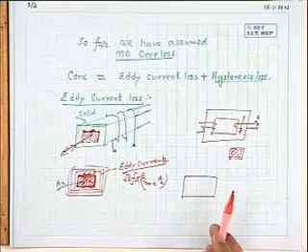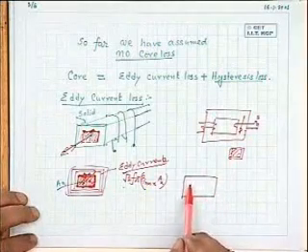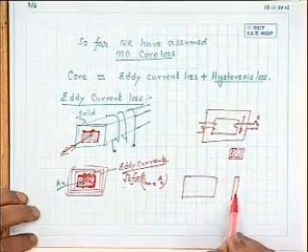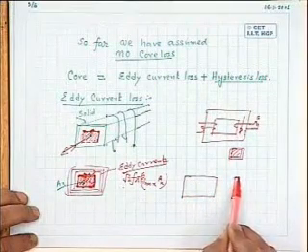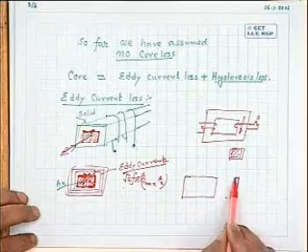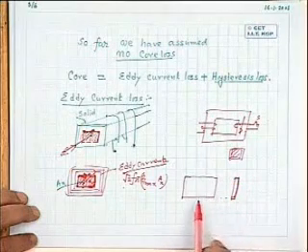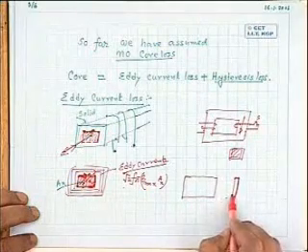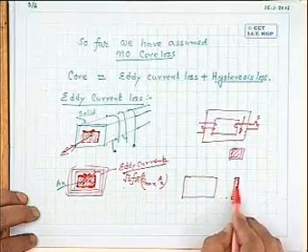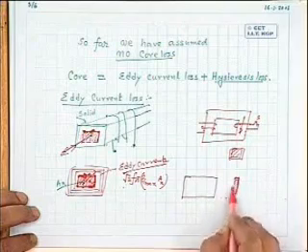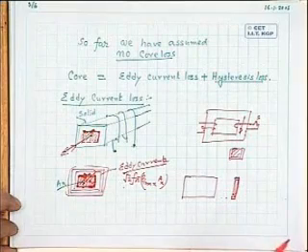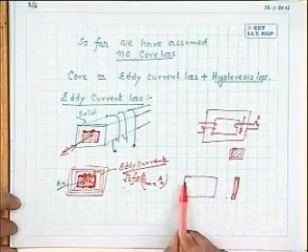Now, if you are asked how to reduce these eddy current losses, suppose you compare this core and another core which has got this much thickness. Do you think eddy current loss will be more here or less here? Because the current flow is restricted in a very small area. Are you getting?